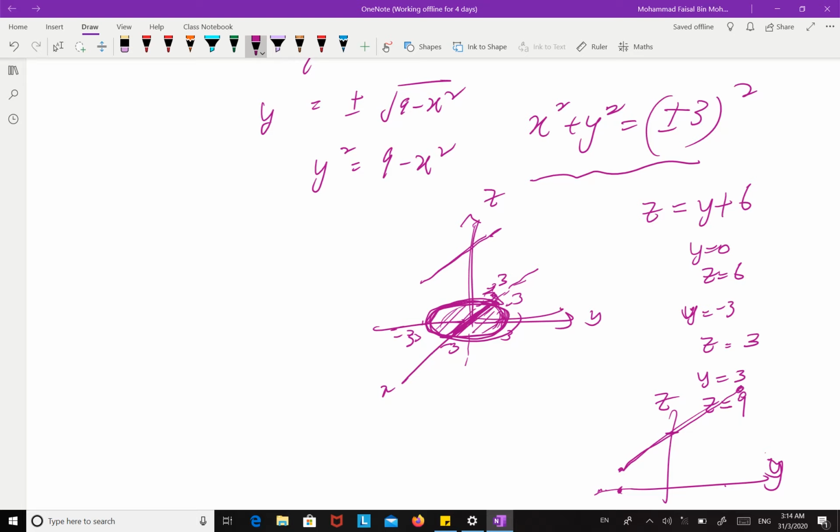You see, when z = 0, y is -6. So we have this. We have 6 at z, and y is negative here. So something is following here, but it is still a circle.